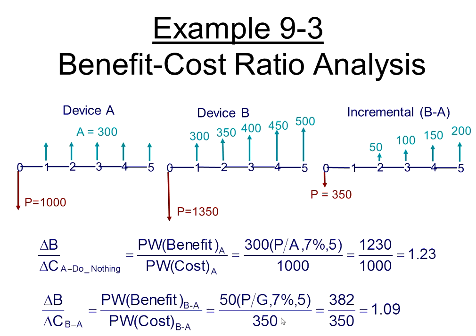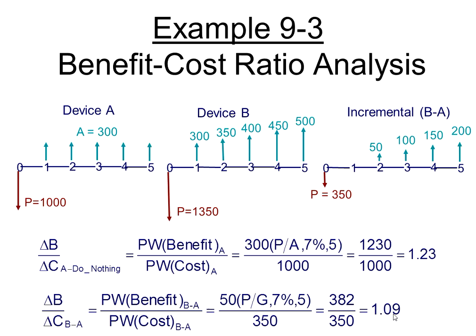And then 350 is our incremental cost. They're already in the present, so we don't need to multiply by any discount factor. Evaluating this discount factor and multiplying it by 50, we get 382 on top, 350 at the bottom. Dividing those two, we get 1.09.